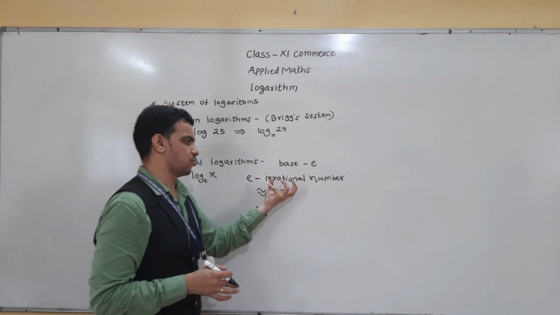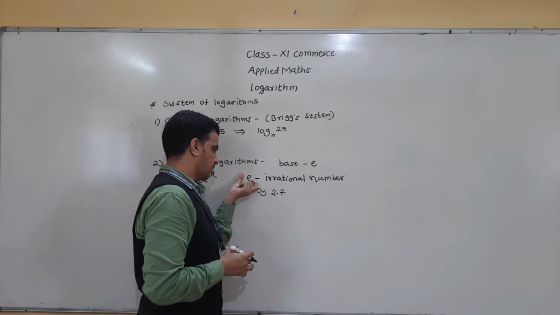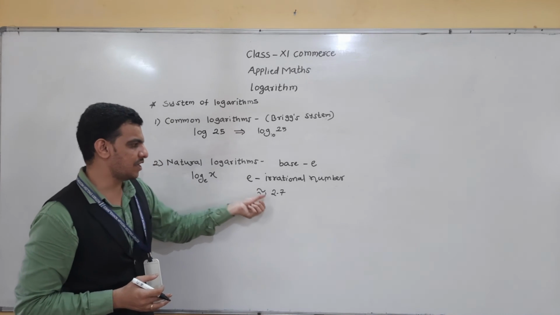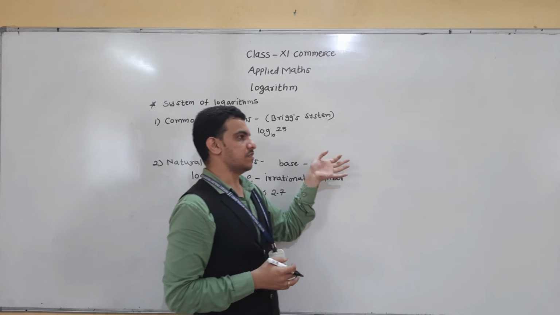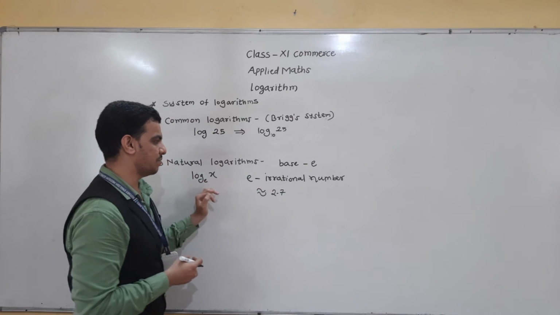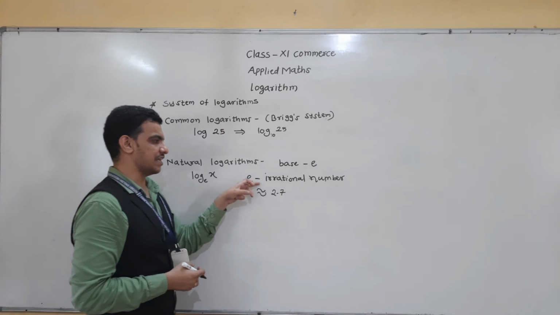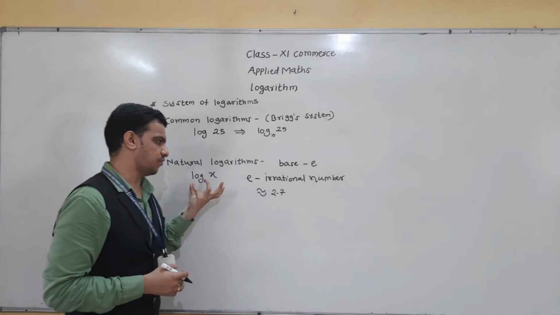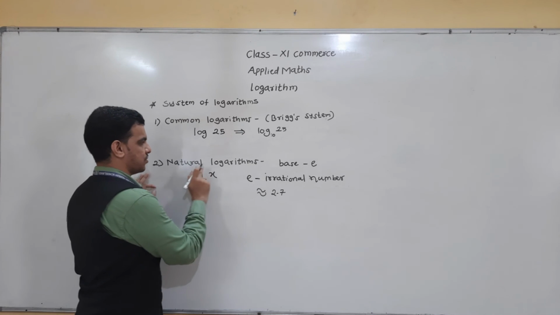This is irrational, so the decimal expansion is non-terminating, non-recurring, but for solving examples we have to consider this value as 2.7. Same like pi, for solving examples we consider the value of pi as 3.14. Similarly we consider the value of e as 2.7. But it is an irrational number, and in calculus we use natural logarithms.